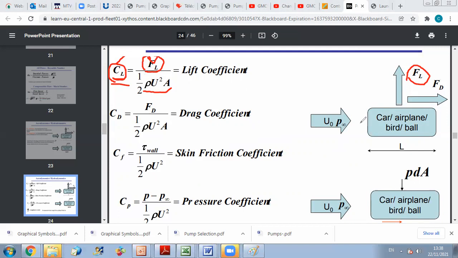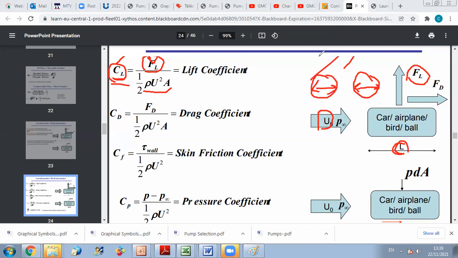So for example, we already mentioned that the upstream velocity is an important parameter, along with the characteristic length L. Of course, we might have several important characteristic lengths, not only one. In case you have a sphere, then D is enough. In case you have a cylinder, you will need the diameter and the length.